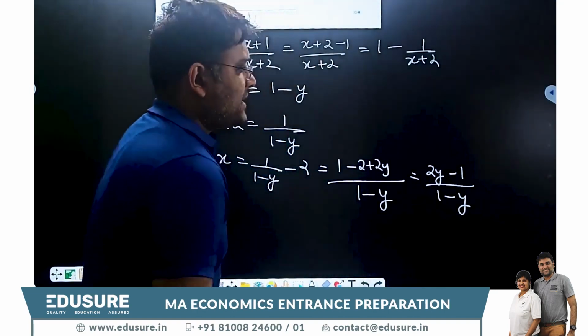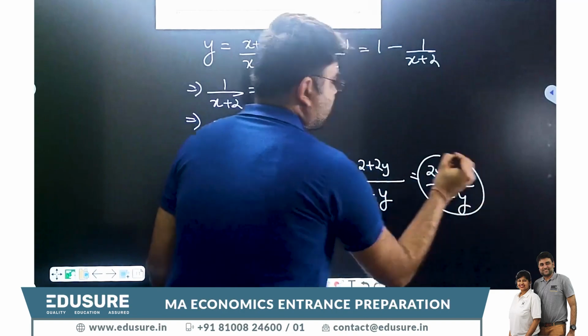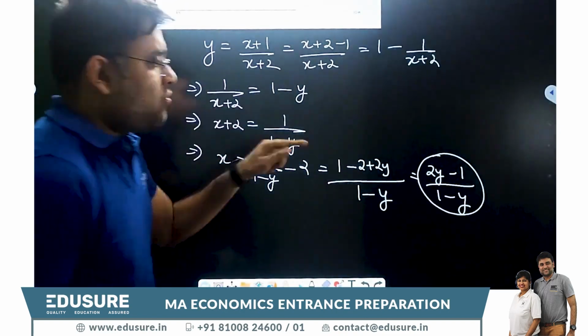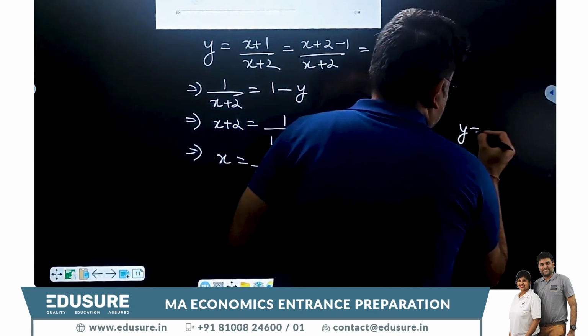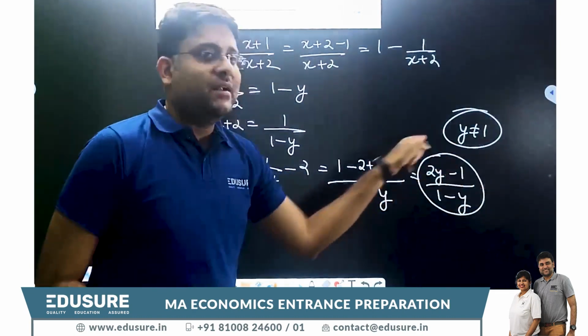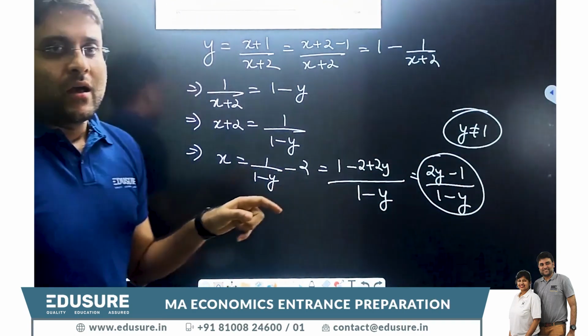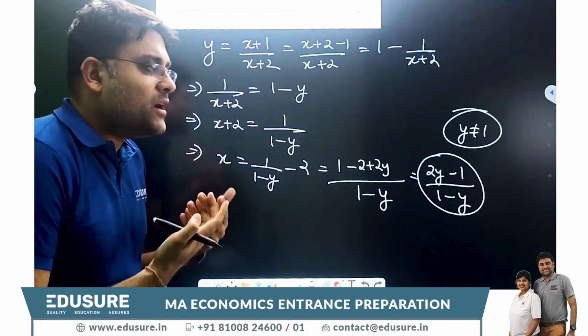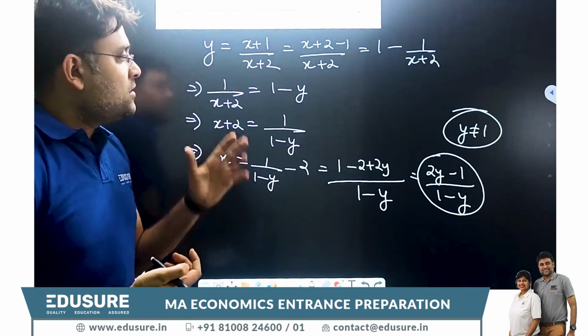It is quite clear that if I want to find out the range for this function, y cannot be equal to 1. If y is equal to 1, then this becomes undefined. Right? So how to find out the range? I am only writing x in terms of y.